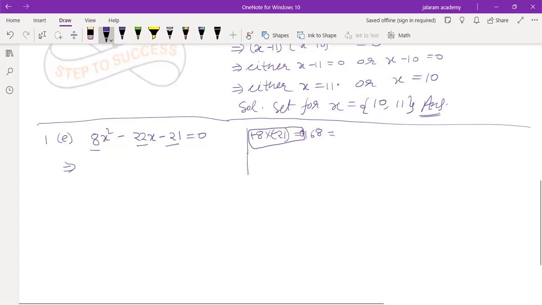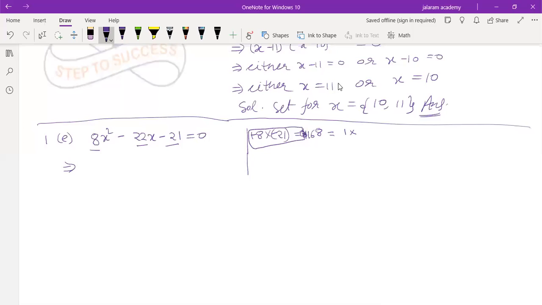First, we will find the factors starting from 1. Tell all the pairs of factors of 168, starting from 1. 1 into what?